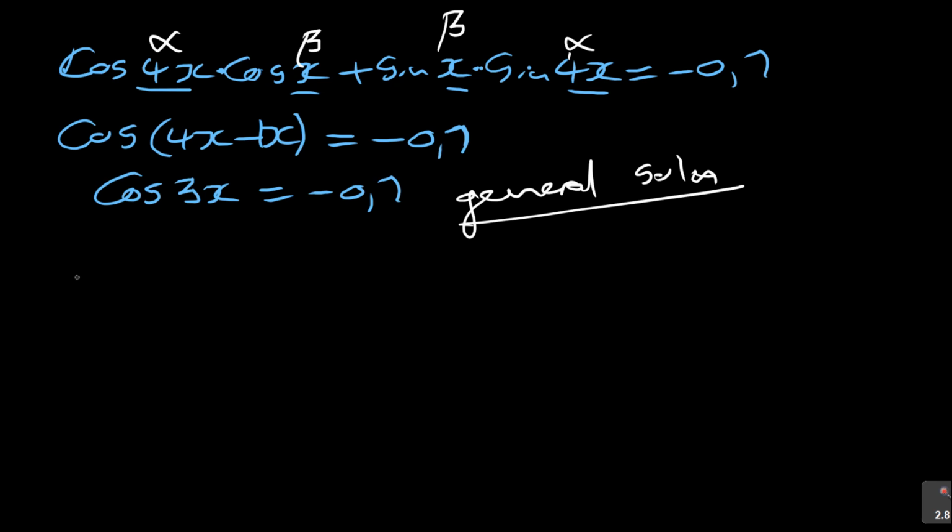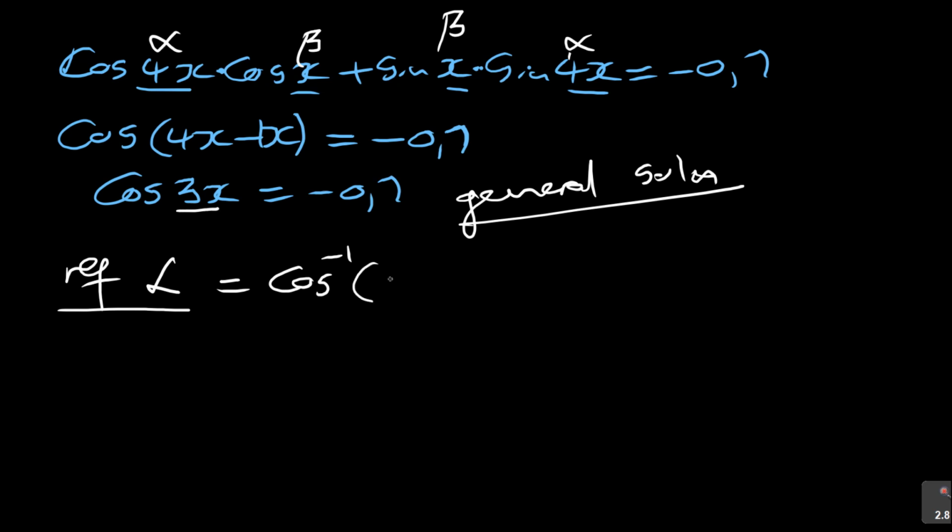First of all, find what is called the reference angle. The reference angle, you ignore that. For cos, you're going to say reference angle is equal to arc cos of 0.7. Ignore that 3, ignore that negative.